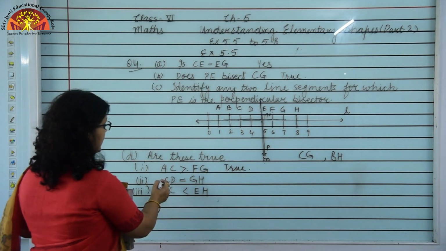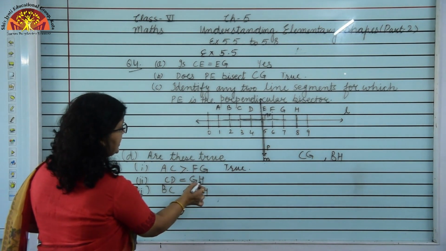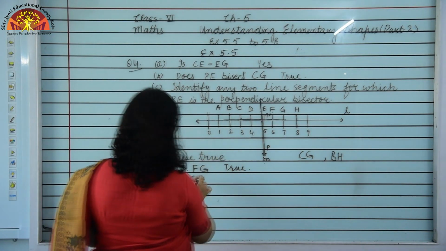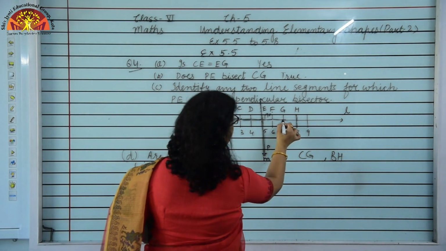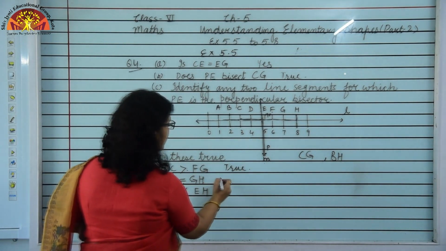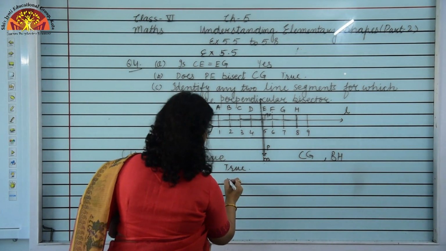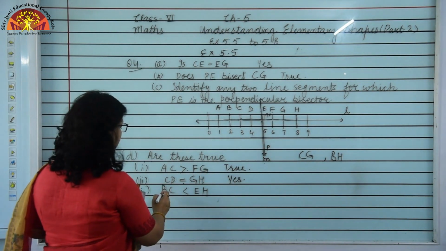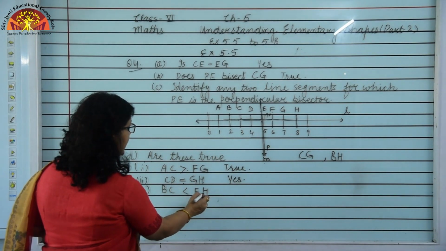Now in the second, CD is equal to GH. CD has only 1 unit and GH has only 1 unit. So CD and GH are equal, yes. And in the third part, BC is less than EH.